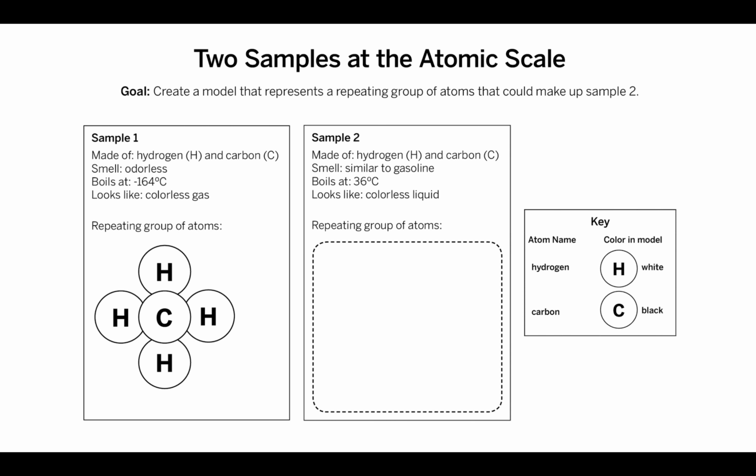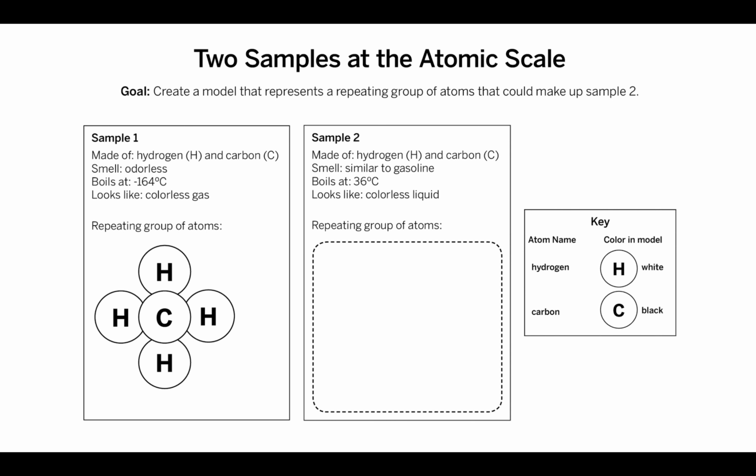And then I want you to look at sample number 2. It is also made of hydrogen and carbon. But the smell is similar to gasoline. It boils at 36 degrees Celsius, and it looks like a colorless liquid. And so just give me one repeating group of atoms. What do you think that might look like? Please be aware that we have no idea what this is.